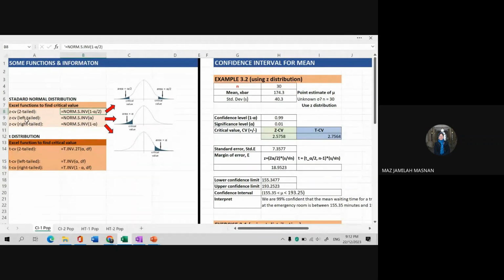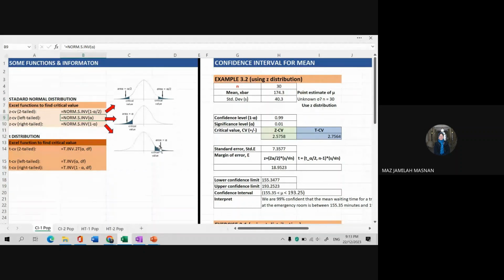As for ZCV left tail, this will be the function, and we are looking for the critical value, that is the value along the X axis here. The same goes for Z right tail. The critical value is along the X axis, but at this value.